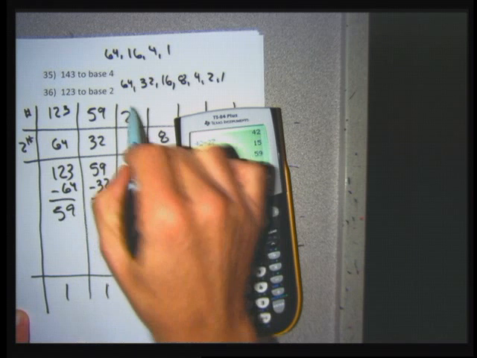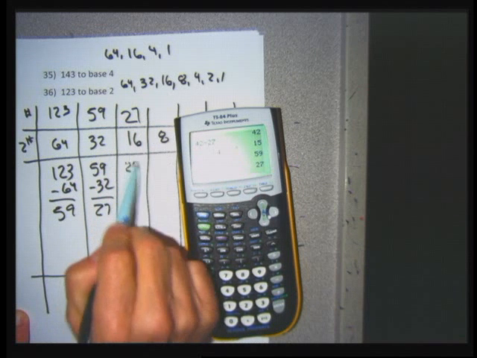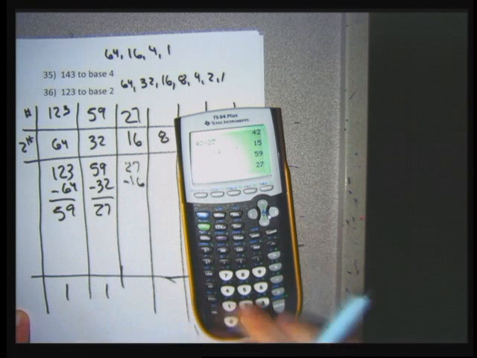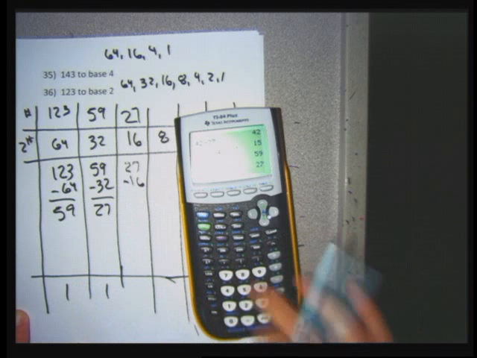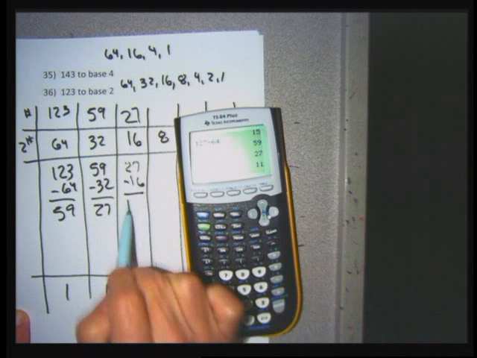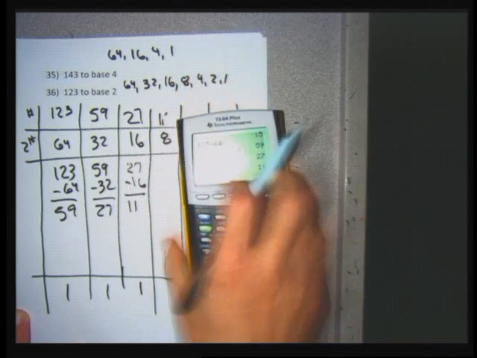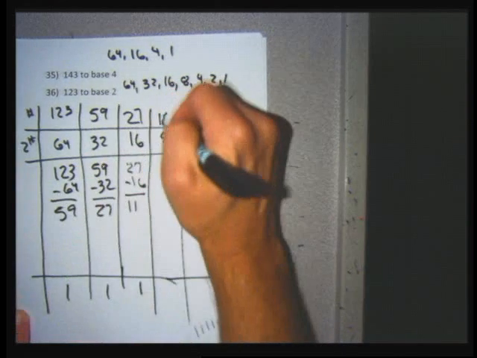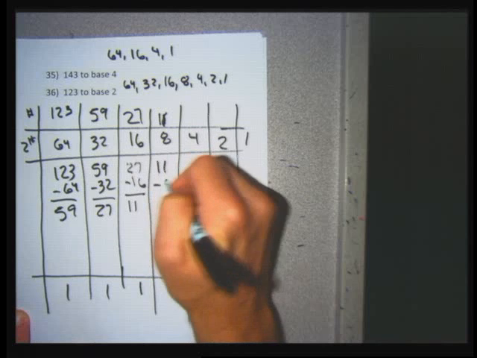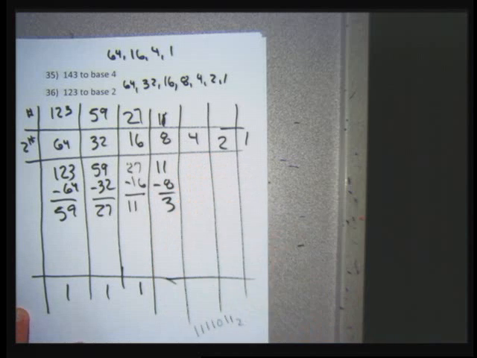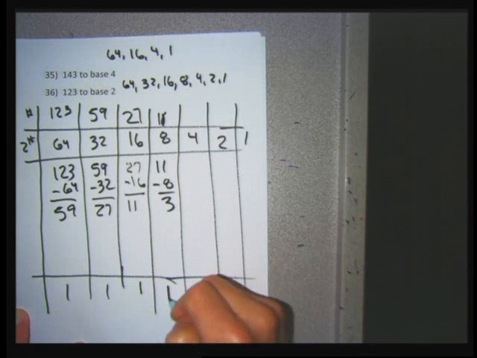Bring my remainder up. Now go 27 minus 16 is 11. Can't subtract it anymore. Put my 1 on the bottom. Bring my 11 up. Then do 11 minus 8, which is 3. Can't subtract anymore. Get another 1.